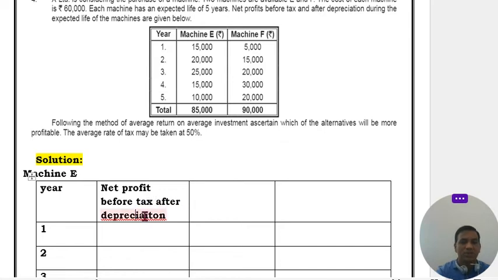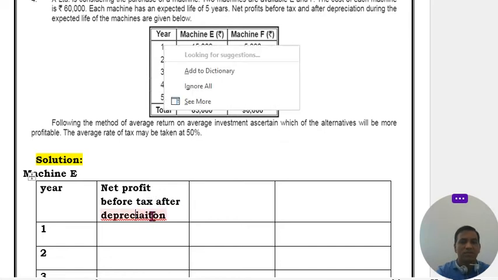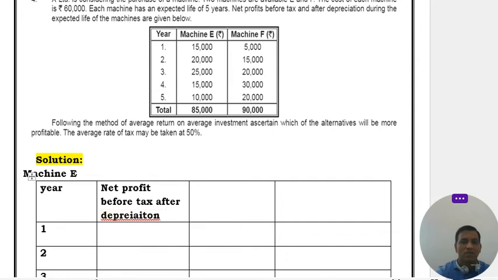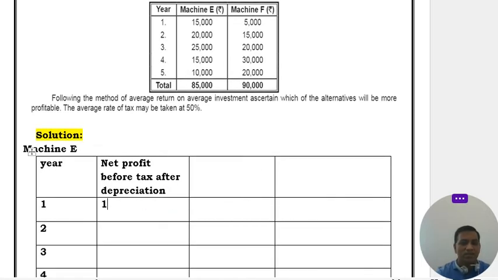That means depreciation is already subtracted. Only tax is not deducted. So first let me write the values here.